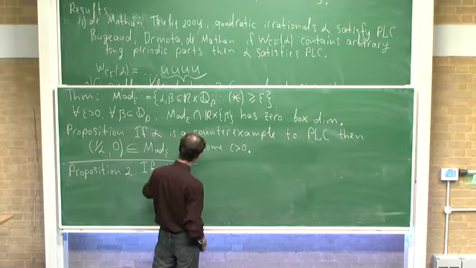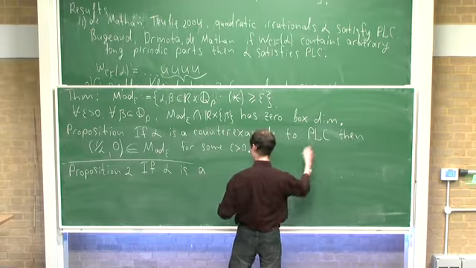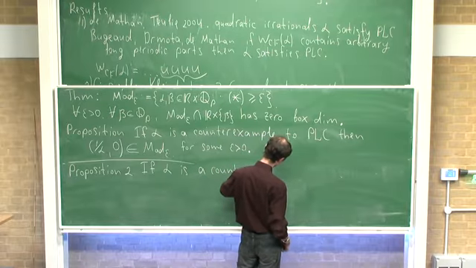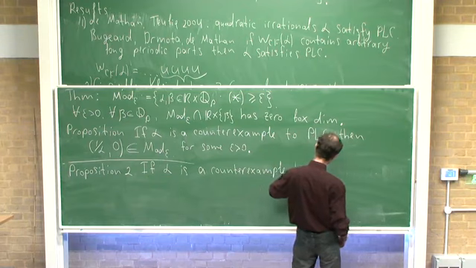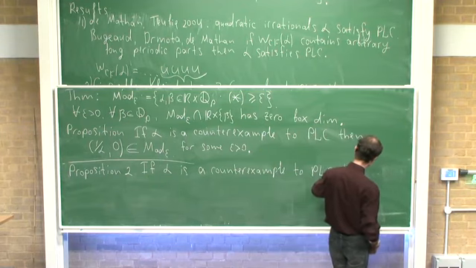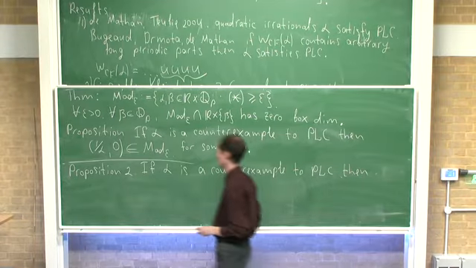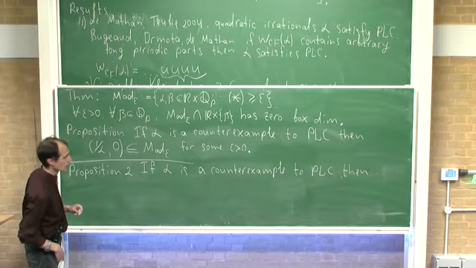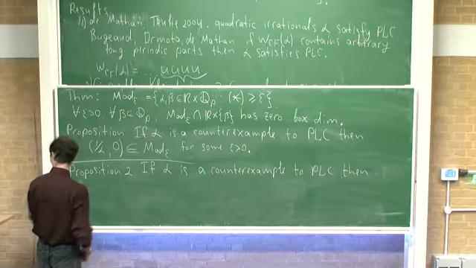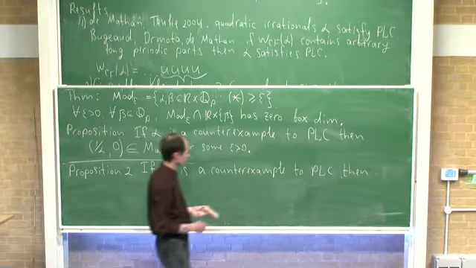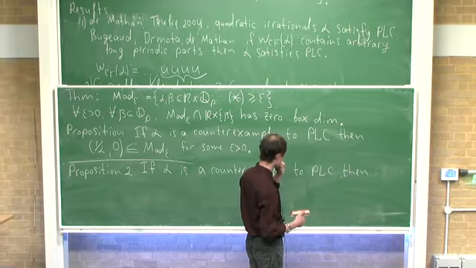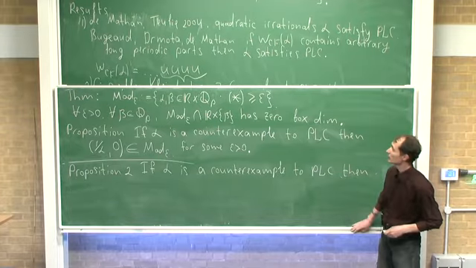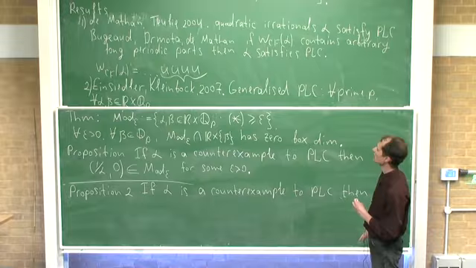If alpha is a counterexample to PLC, it's the same as there, then not only this pair belongs to Med epsilon, I need it slightly stronger. So if it's a counterexample to PLC, then we should have some higher steps.